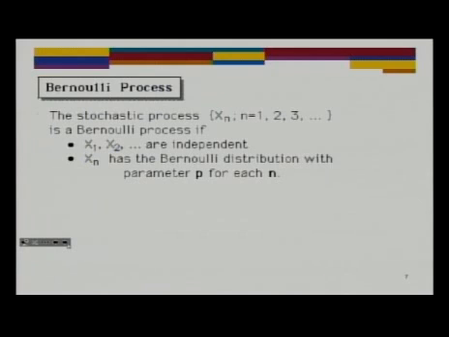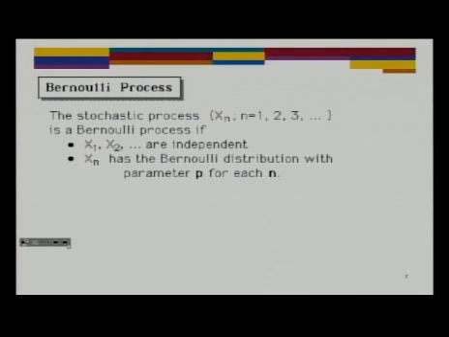Okay. Now let's talk about the Bernoulli process. The stochastic process X of n is a Bernoulli process if each random variable is statistically independent of each other and each random variable has Bernoulli distribution with parameter p.